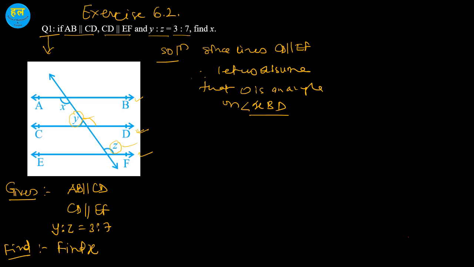The name of this angle is O. So O angle is equal to 180 minus Y. Why? Because it is a straight line and it is a linear pair. Because of linear pair, this becomes 180 minus Y, right?